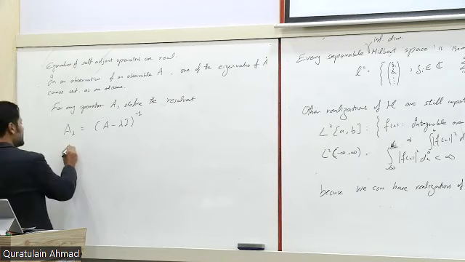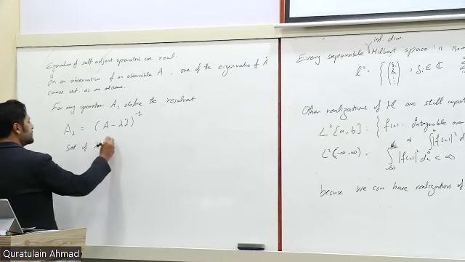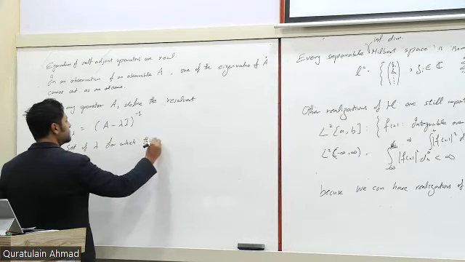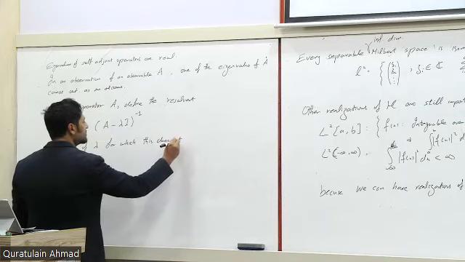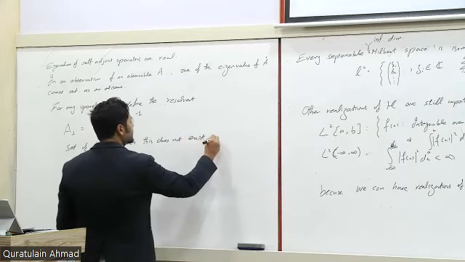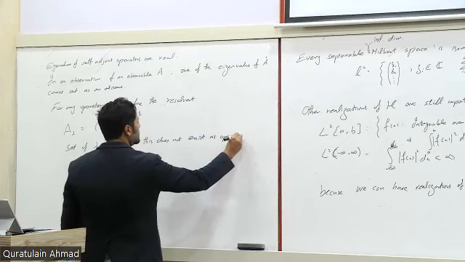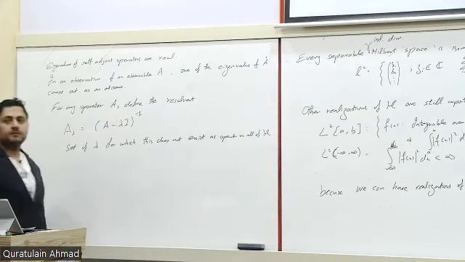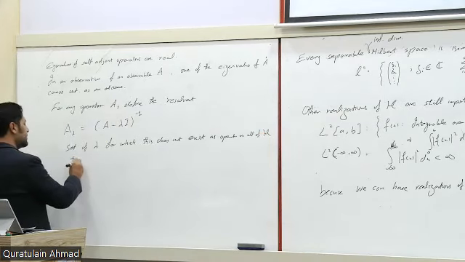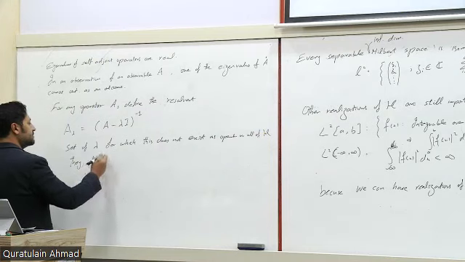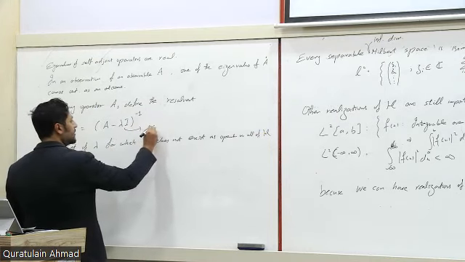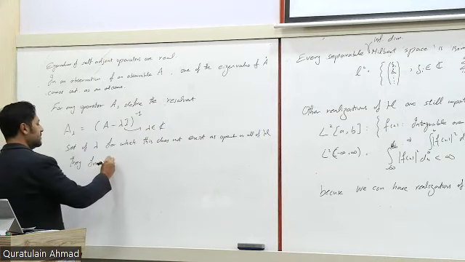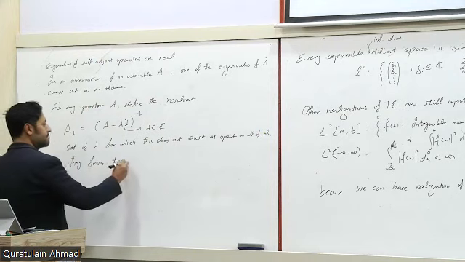The set of lambdas for which this does not exist as an operator on all of the space, lambda belonging to the complex numbers, where I is the identity operator, they form the spectrum.